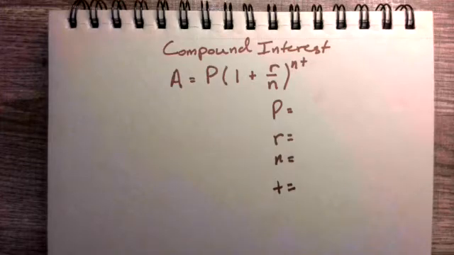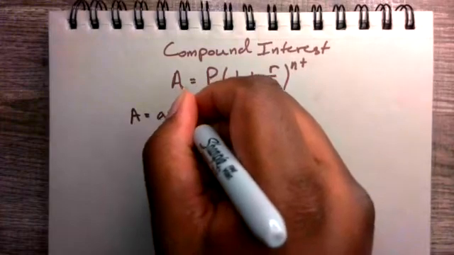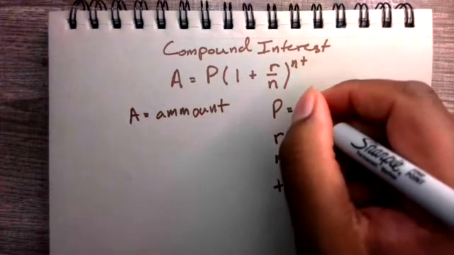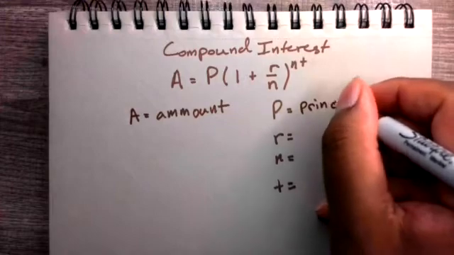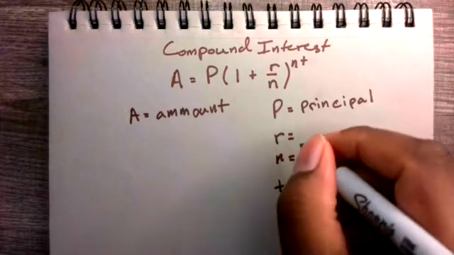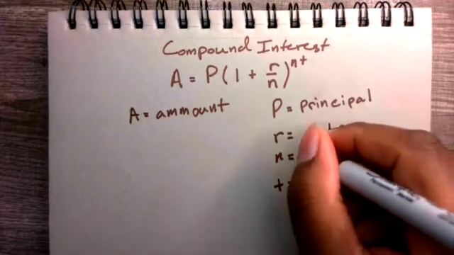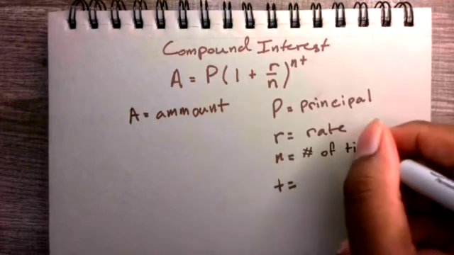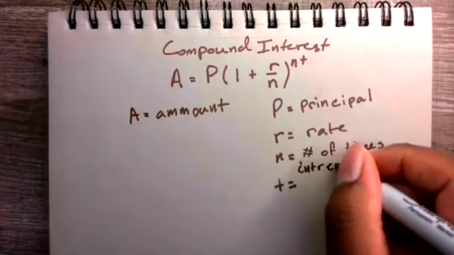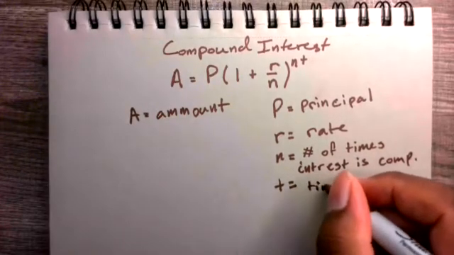So the first thing is the formula is A, which is your total amount, equals P, the principal, times 1 plus r, which is your rate, over n, which is the number of times your interest is compounded, to the nt, and t is time in years.